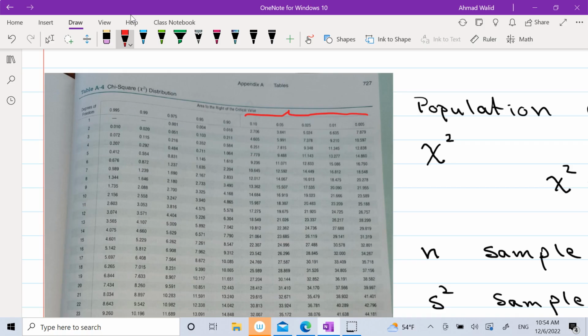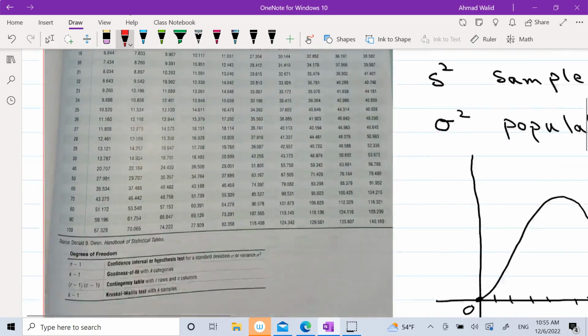My degrees of freedom for this example is 11. And my alpha over 2 is 0.025. Then I'll go down and I'll go this way, which I'll end up with this number, which is 21.920.